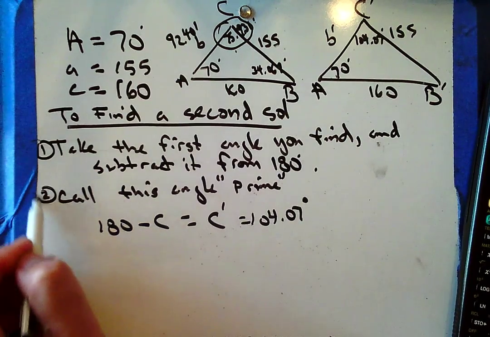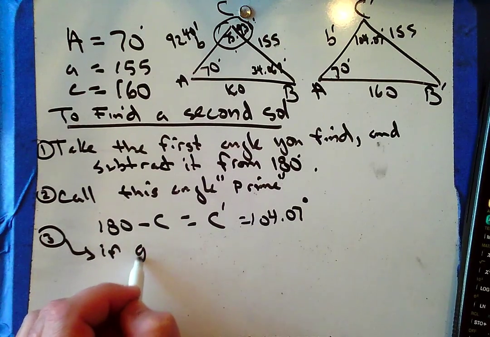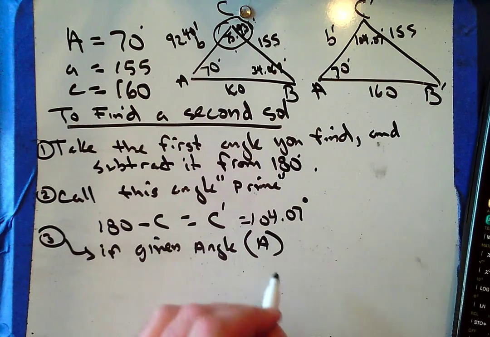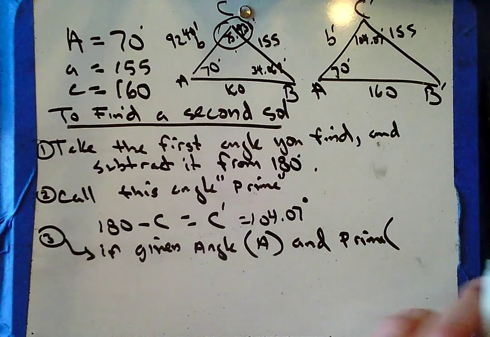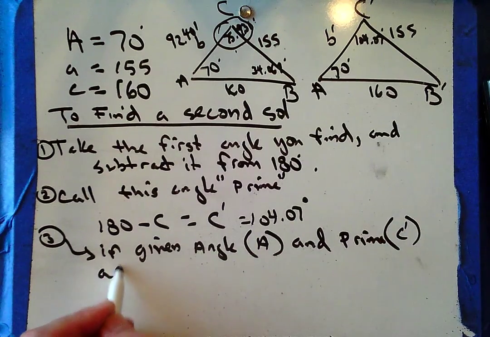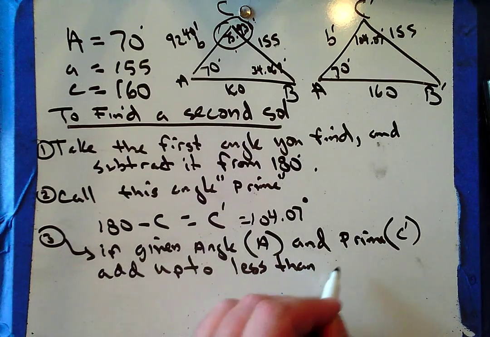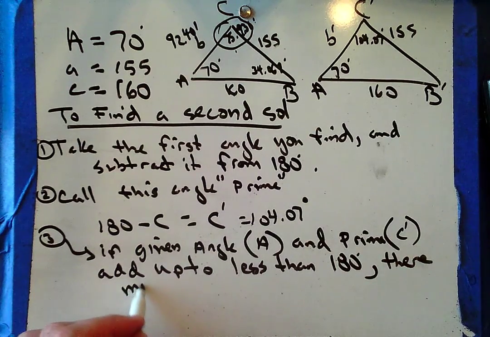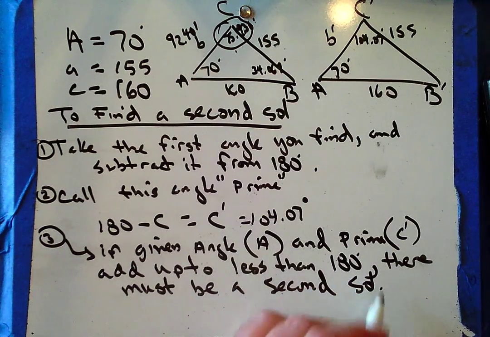Now I add these two up. If the given angle, that was A in this problem, and the prime, the supplement of the first angle we found, C prime, add up to less than 180 degrees, there must be a second solution.